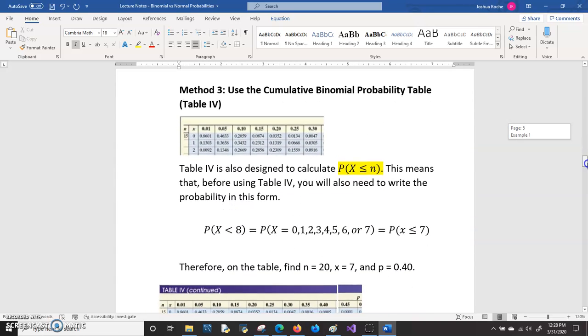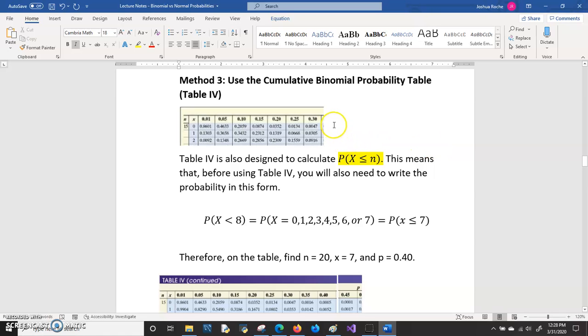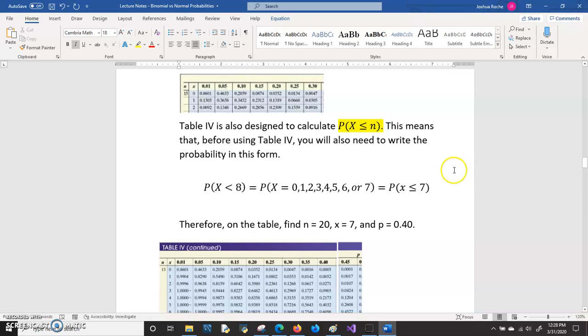A third way to work out this probability is by using a table. If you're using the Sullivan statistics book, this table is called Table 4. If you're using another book, the table may be called something different, but these tables are usually similar to each other. In Table 4 in particular, you'll still have to rewrite your probability so that it's in the form of less than or equal to some value. Again, the probability that x is less than 8 is equivalent to the probability that x is less than or equal to 7.